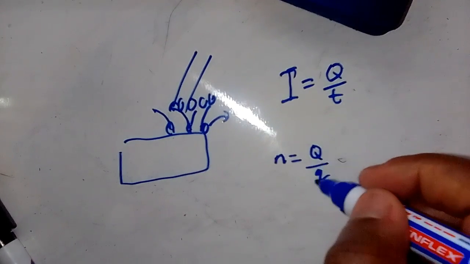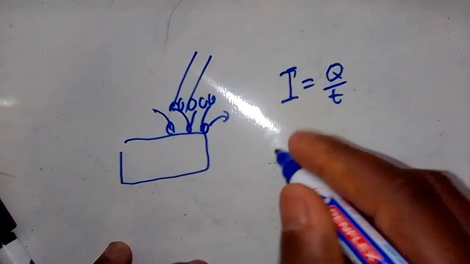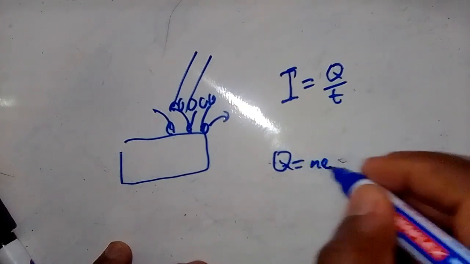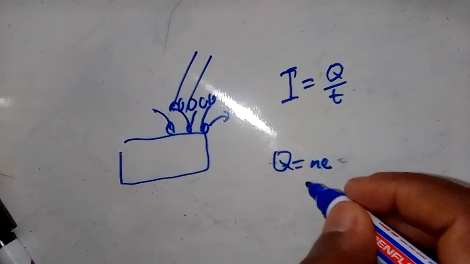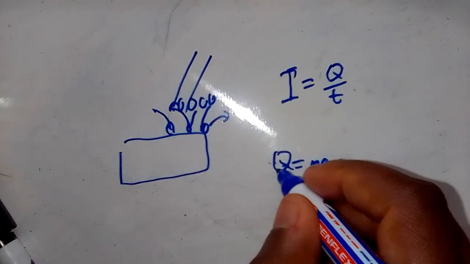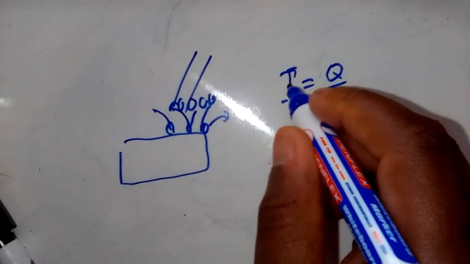So I want you to notice something. Another way of writing this formula is Q equals N E, right? So notice that if I increase the number of electrons, I'm increasing the charge. And if I'm increasing the charge, I'm actually increasing the current.